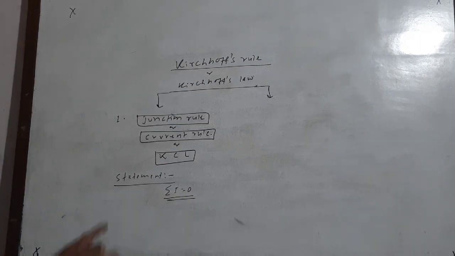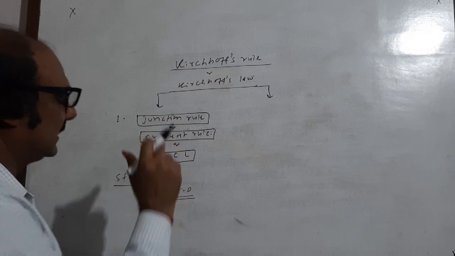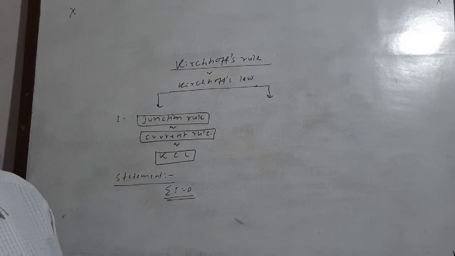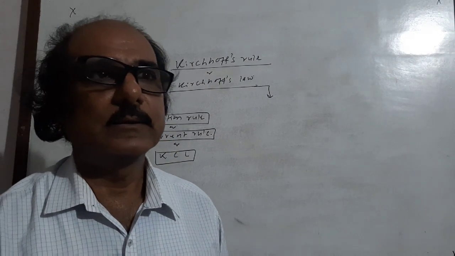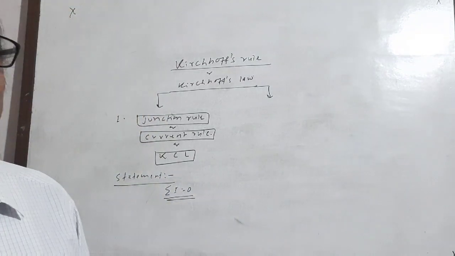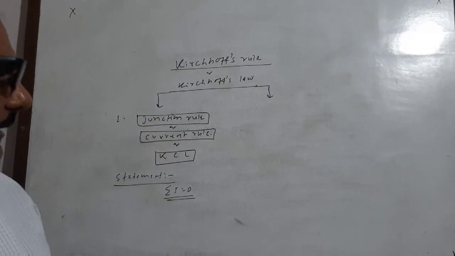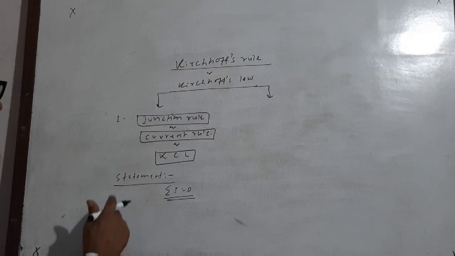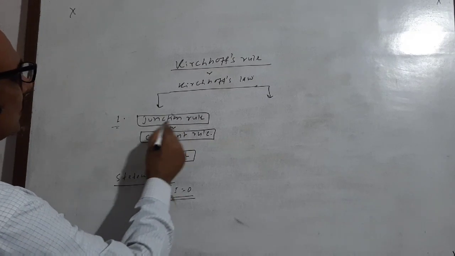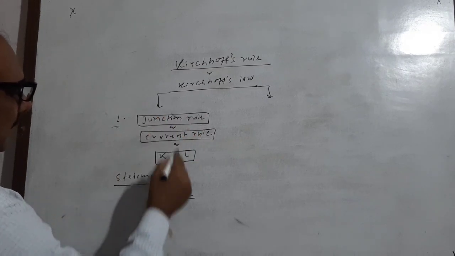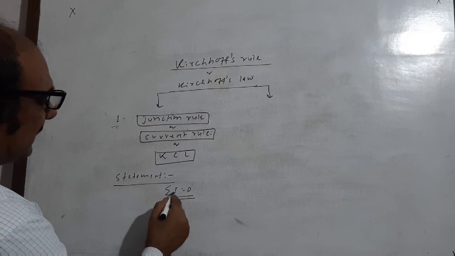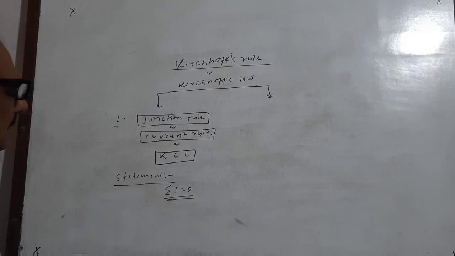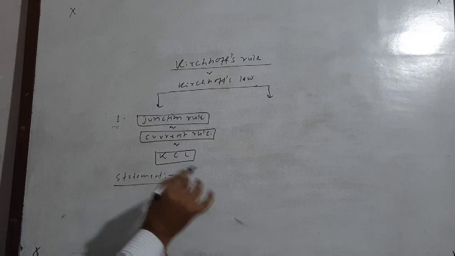Sometimes the junction rule or current rule is also stated as: total incoming current at the junction is equal to total outgoing current away from the junction. So in brief, the first rule, the junction rule, is represented mathematically as total I equal to 0, or sum of I equal to 0.